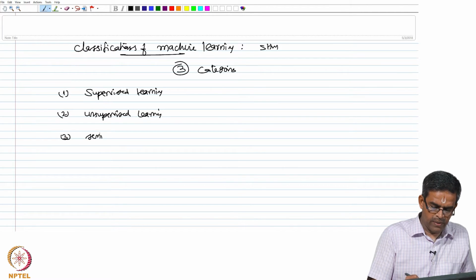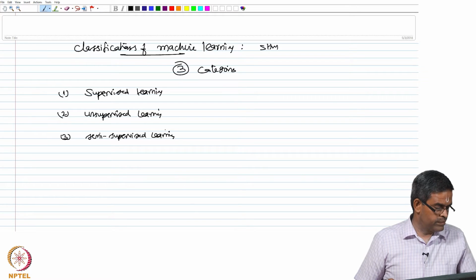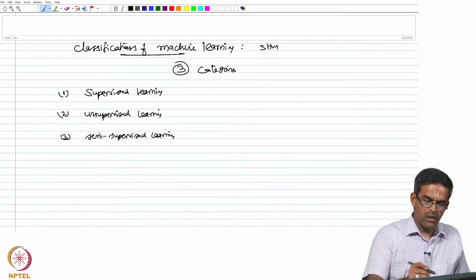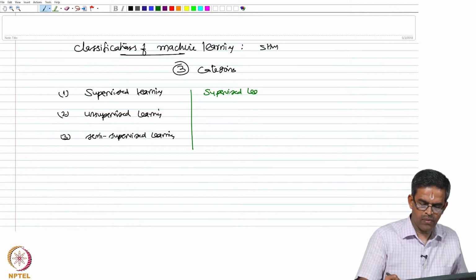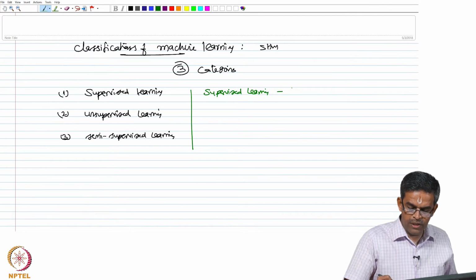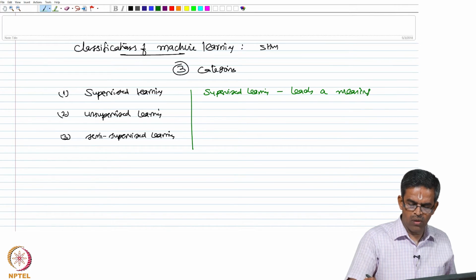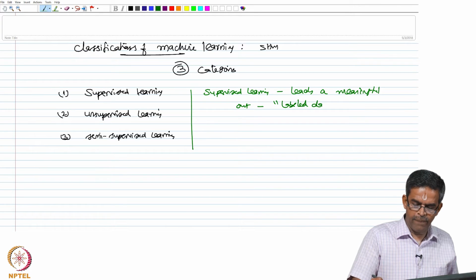Semi supervised learning. Out of all the 3, supervised learning leads to a meaningful output, which is called as labeled data.